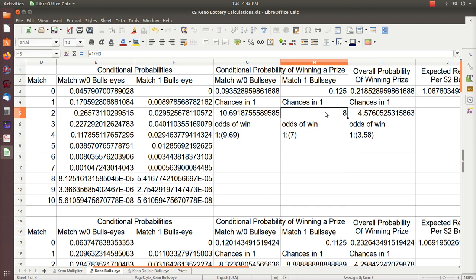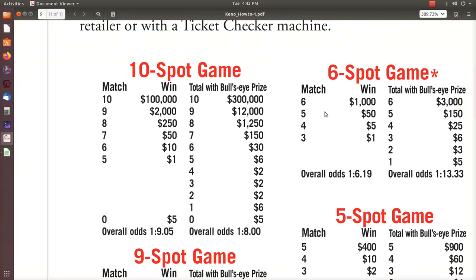Now notice this 8 right here. When I flash back to the Keno Lottery, that's what they put in here. So it says overall odds of 1 in 8, but this is actually the chances in 1 of conditionally winning Keno Bullseye and matching the bullseye. Now, if you as a player want to know your overall chances or the odds of winning Keno Bullseye, there's no number here that represents that.